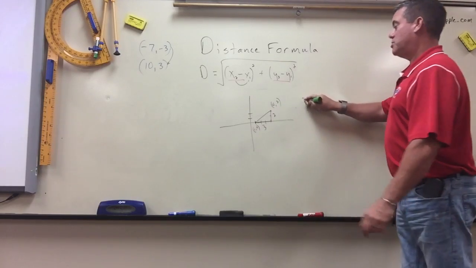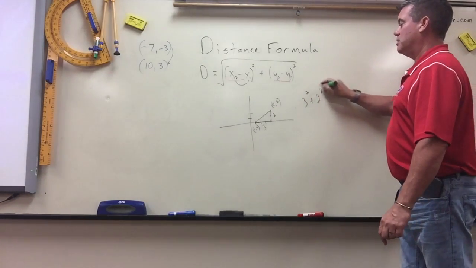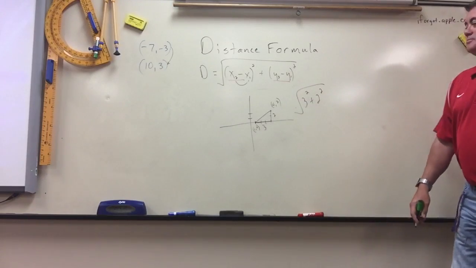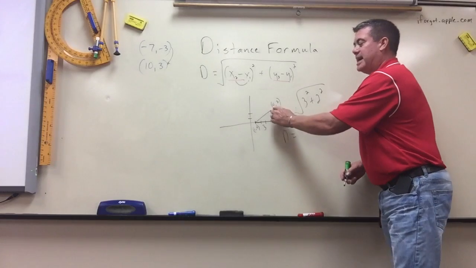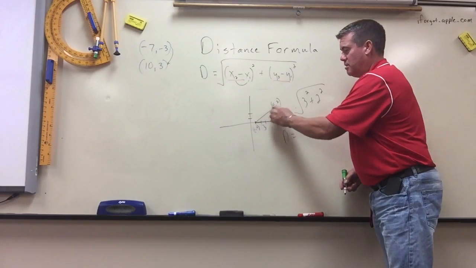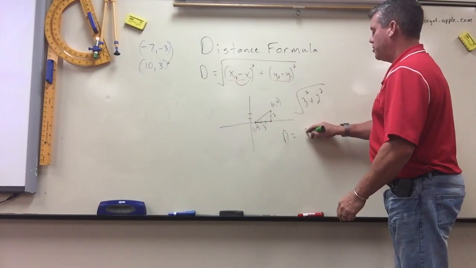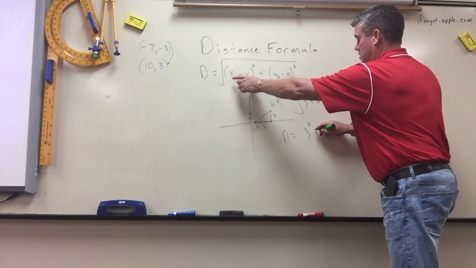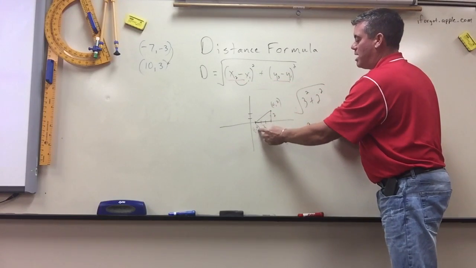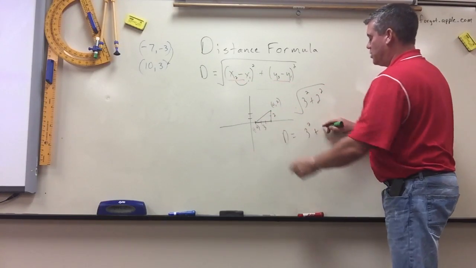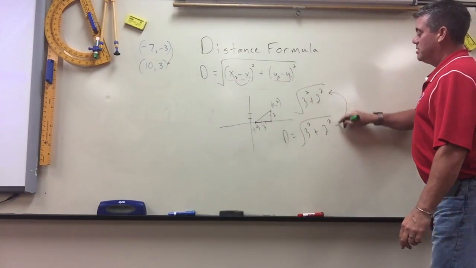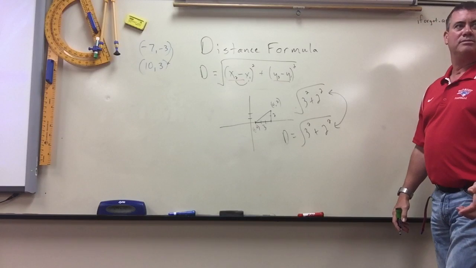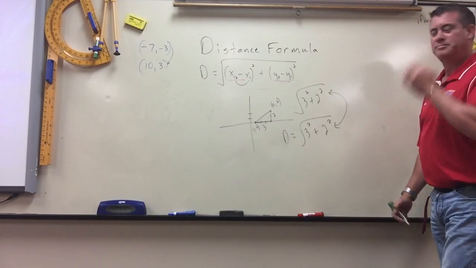So it's 3 squared plus 2 squared, square rooted. Now the distance formula is x take away x, 4 take away 1 is 3 squared, so that's there, plus y take away y, 2 take away 0 is 2 squared, and then you square root it. So you see they end up being the same thing, okay?